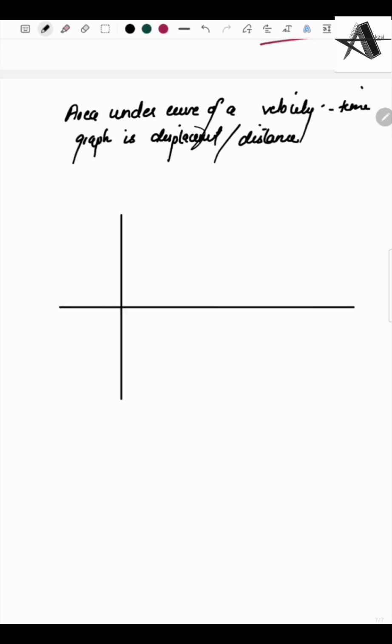Suppose you have a curve like this. You are calculating area. Suppose the area of this figure is 14 centimeters squared. Area of this is 12 centimeters squared. Distance will be the sum of the areas.